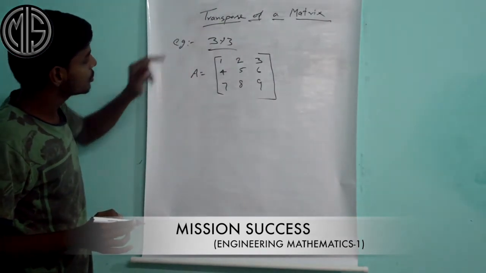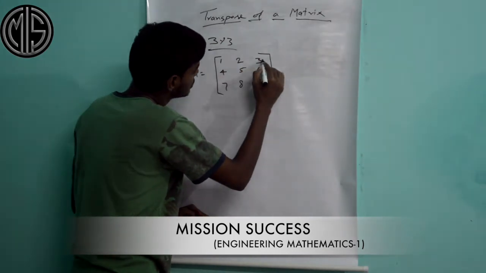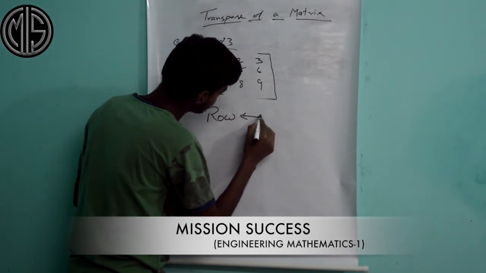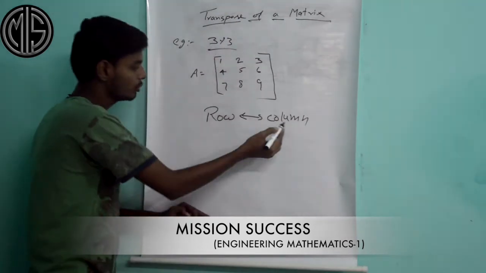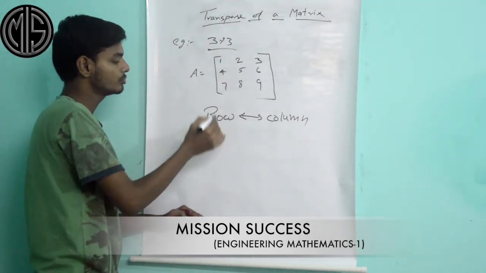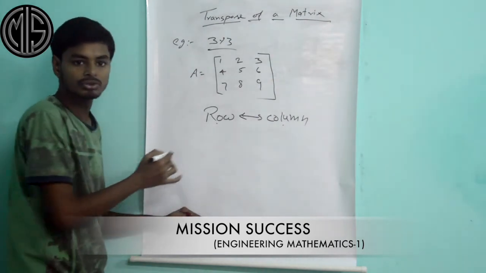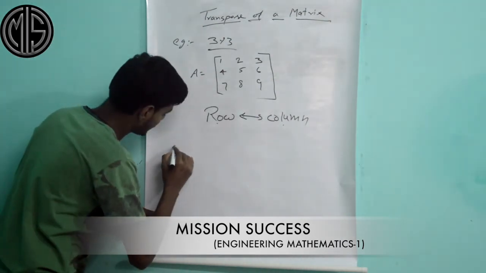In transpose, what we have to do? We have to interchange row into column and column into row. We have to interchange this. Row into column and column into row. Got?